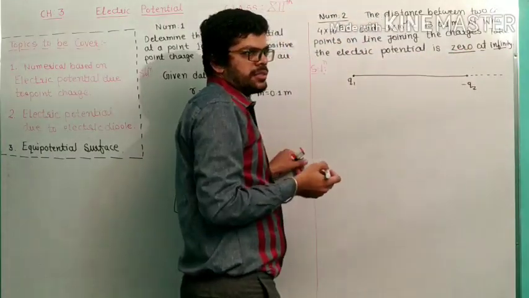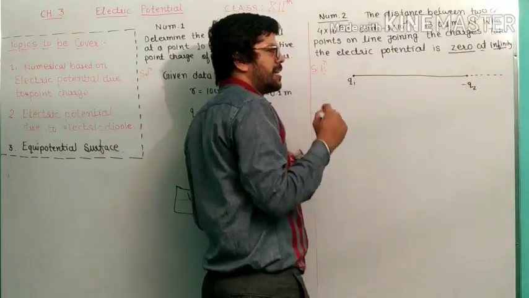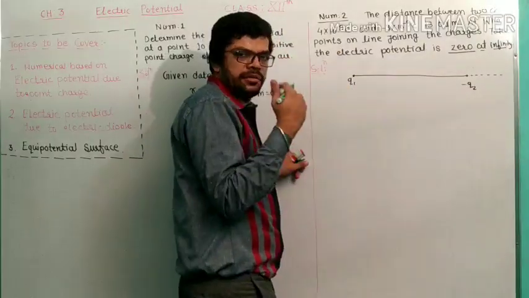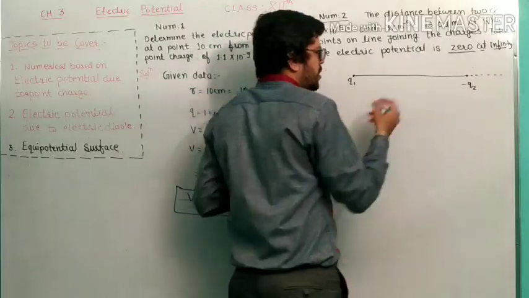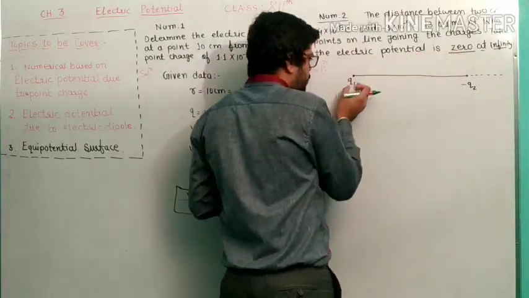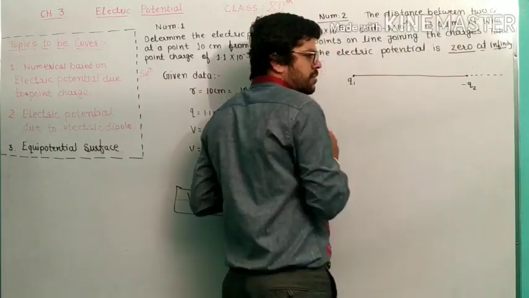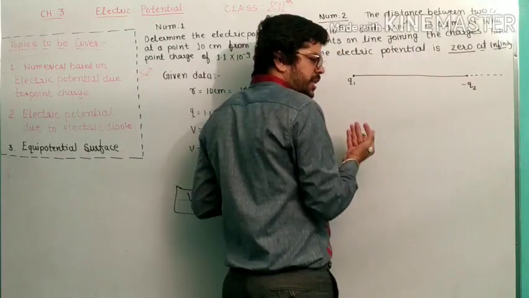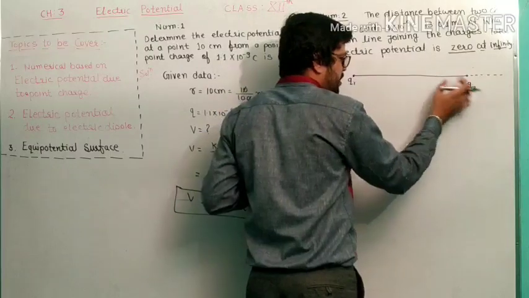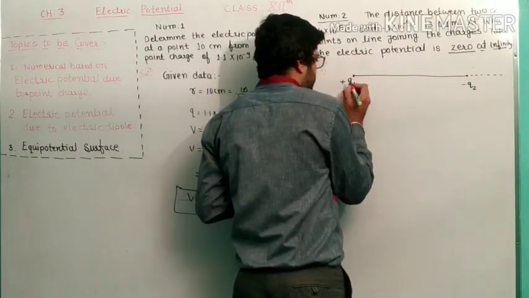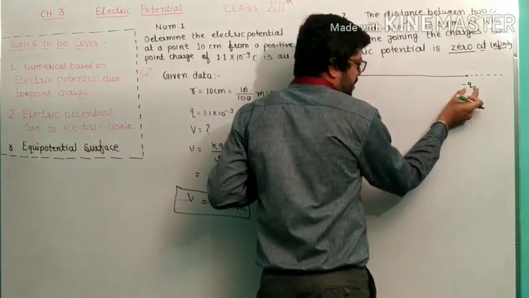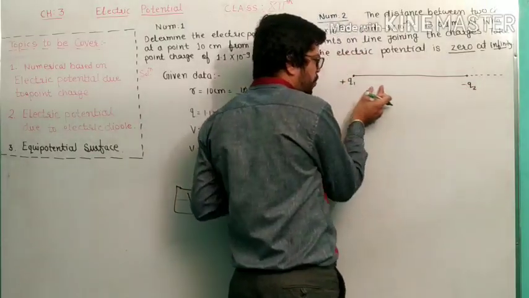What do you mean by this? It means when we bring a charge from infinity to a definite position, we look at whether both charges are opposite or of the same magnitude. This is a positive charge and this is a negative charge, so obviously the negative charge is attracted towards the positive charge.